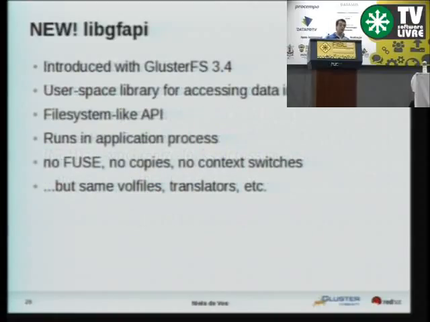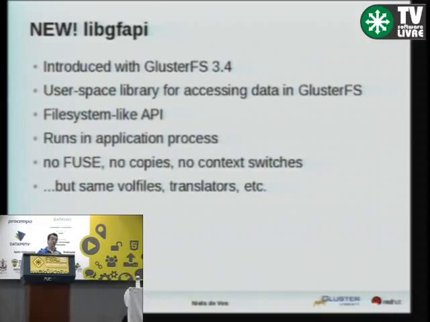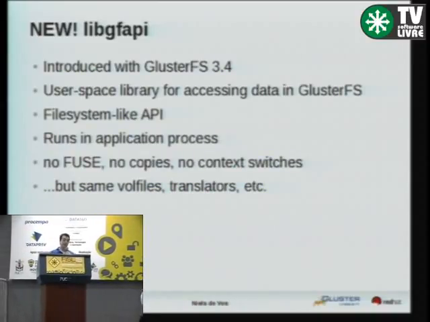With the previous release of GlusterFS, we introduced libgfapi. libgfapi provides support for your applications, and this makes it possible to circumvent the Fuse layer. The Fuse layer has a lot of context switches with the kernel, and those are very latency sensitive.